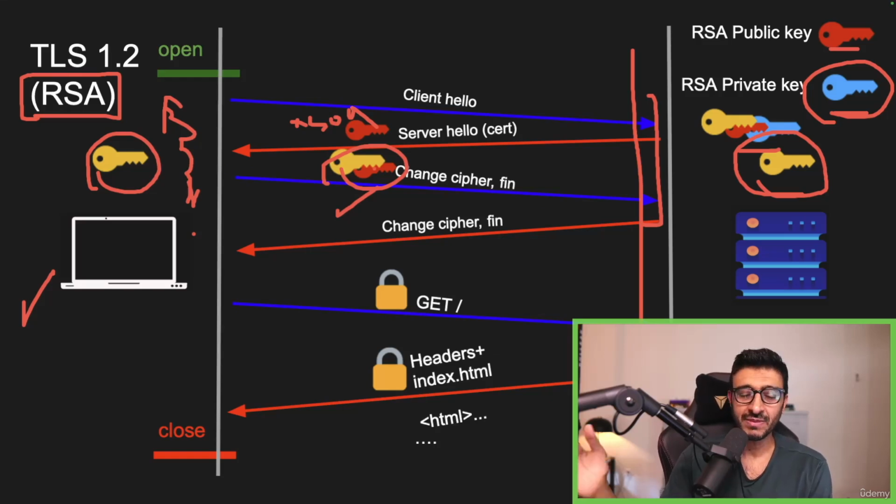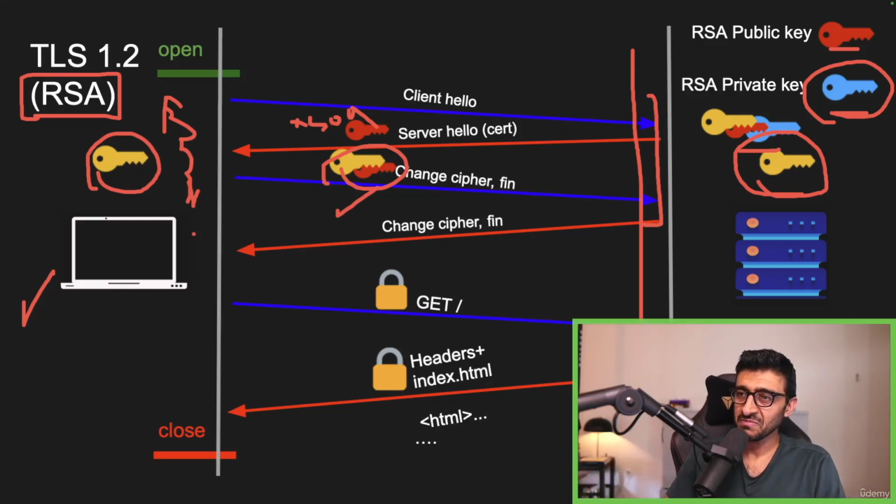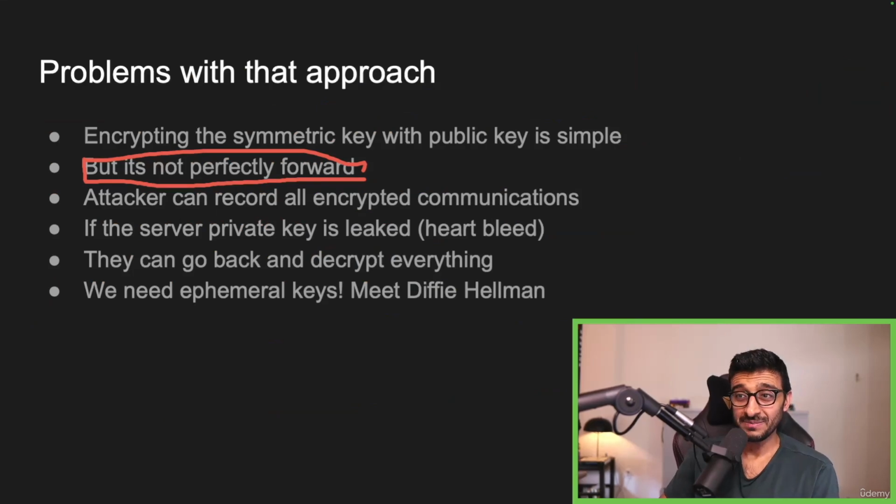He just stored them. Then he just kept all of this in storage. One day, I know I cannot decrypt this, but one day something bad happens. The private key gets leaked.